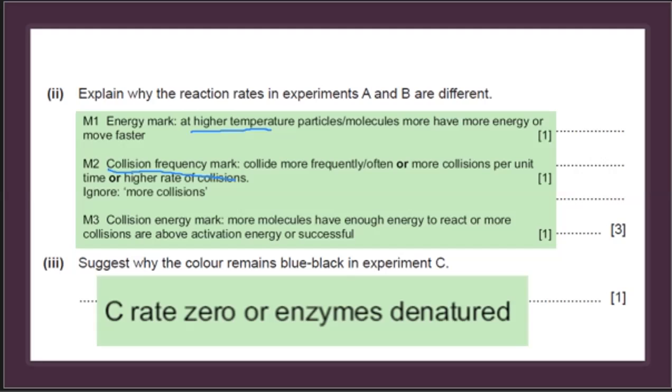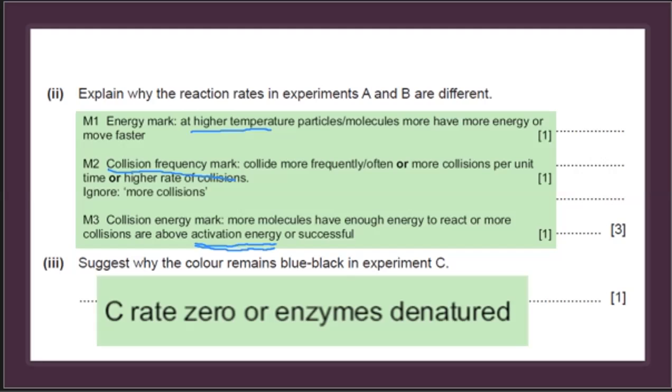And the next one is the collision energy. More molecules have enough energy to react from reactants and result in products. That is to say, the energy they have is more than the activation energy. And when we go into energetics, we will understand activation energy and having enough energy to convert from reactants to products.